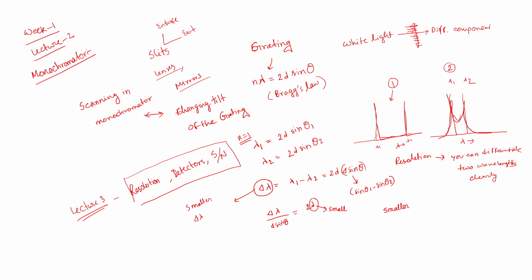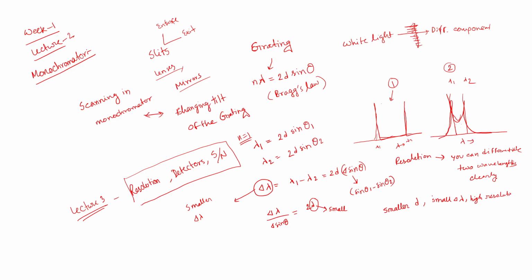But your d has to be small. The smaller the d, the more lines there will be. Smaller the d, smaller the delta lambda, higher the resolution.